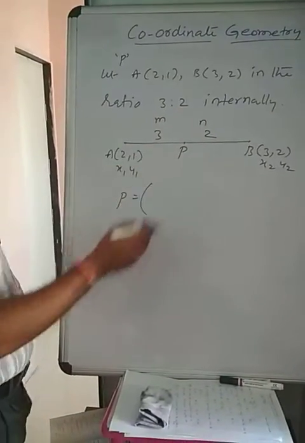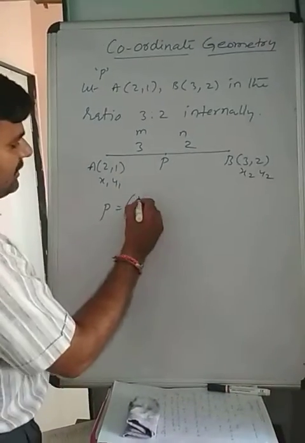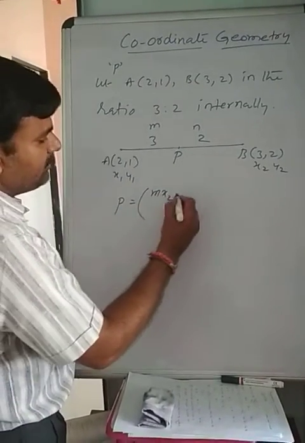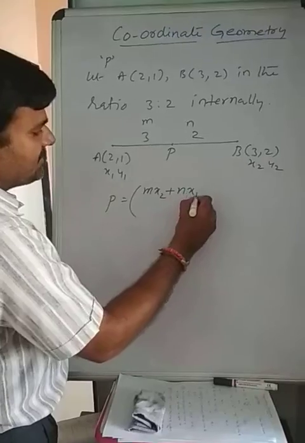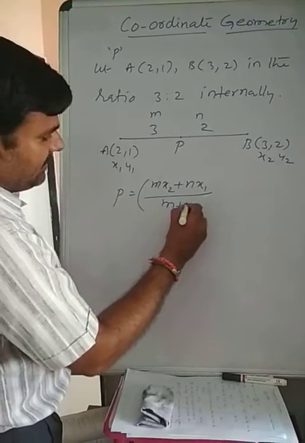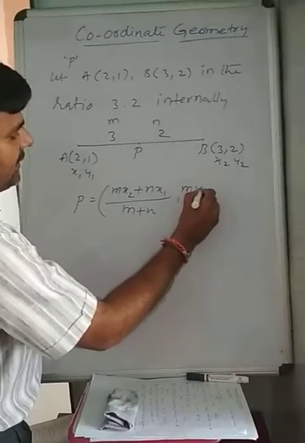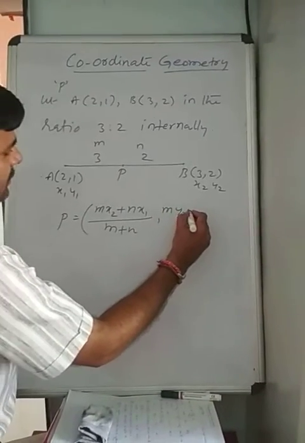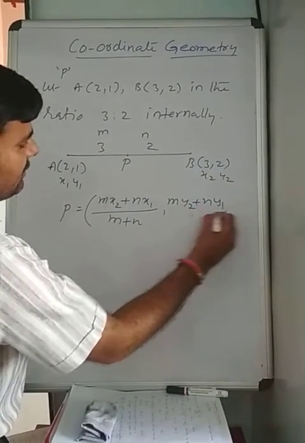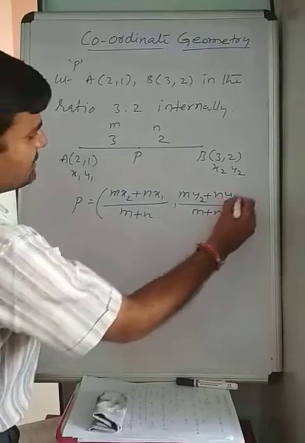So P divides AB in the ratio internally. The internal formula is (mx2 plus nx1) divided by (m plus n), comma, (my2 plus ny1) divided by (m plus n).